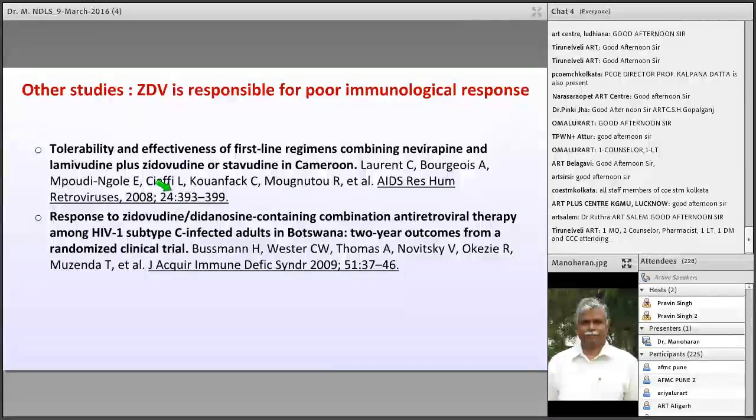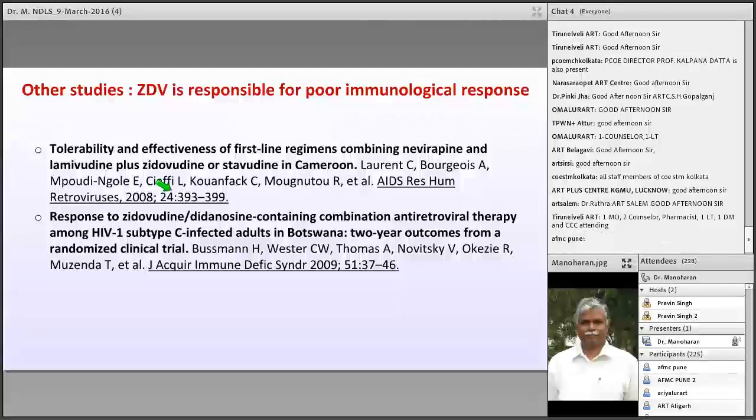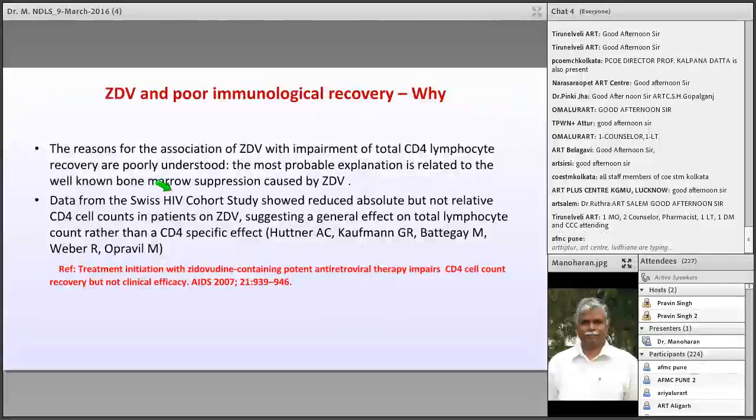And there are still more studies talking about zidovudine and the poor immunological response. If you look at the literature, there are many studies which quote that zidovudine may cause poor immunological recovery.